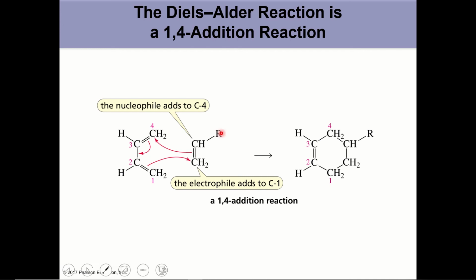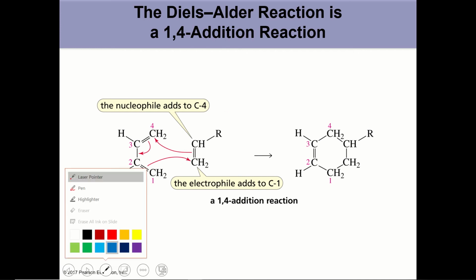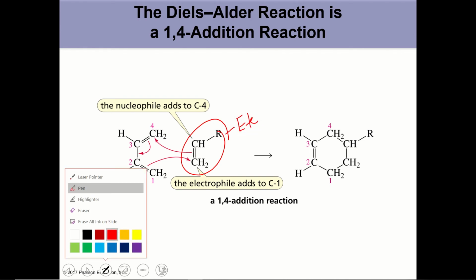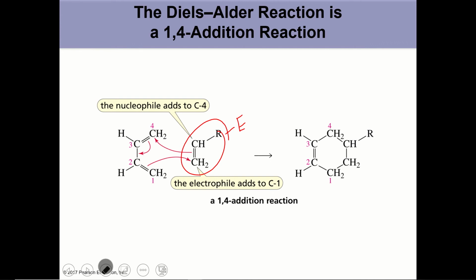So our dienophile is always our electrophile in the first reaction for Diels-Alder. And its electrophilicity can be increased by adding what we call electron withdrawing groups.